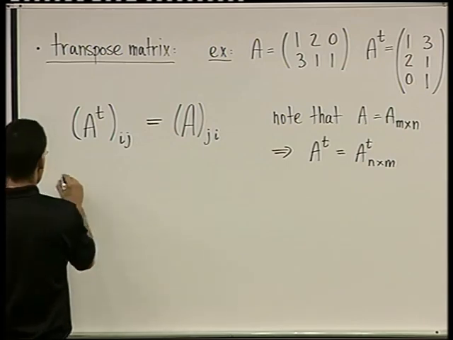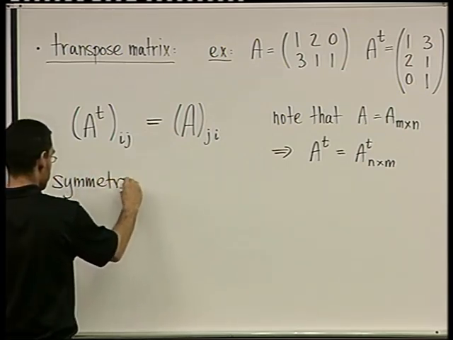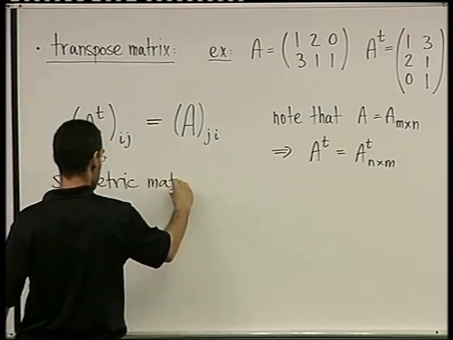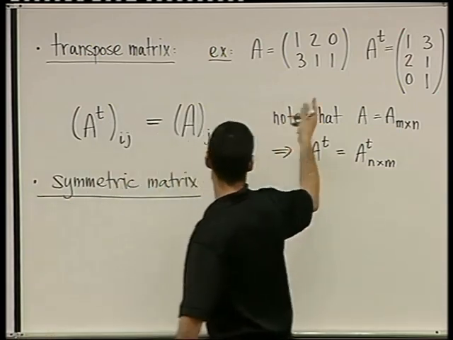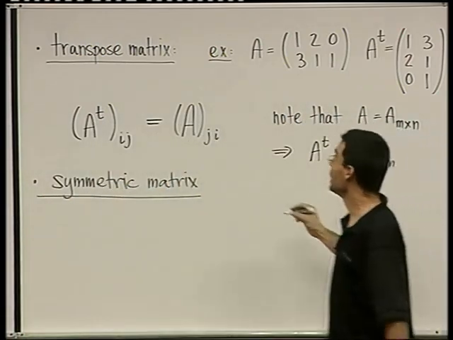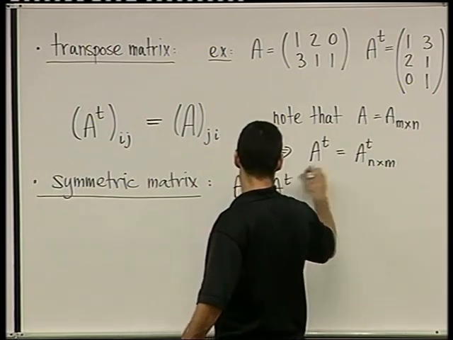Okay, a symmetric matrix is a matrix that's invariant under this transpose operation. So it's a matrix that satisfies A equals its transpose.